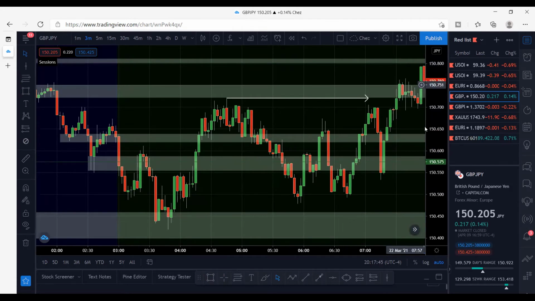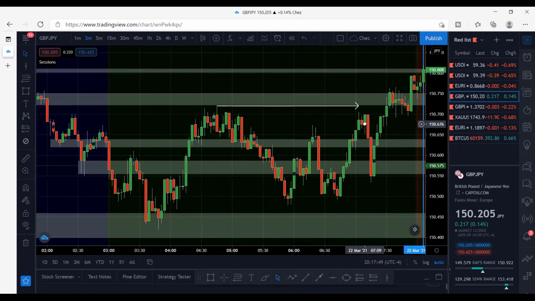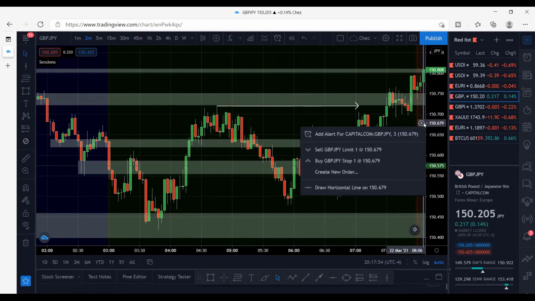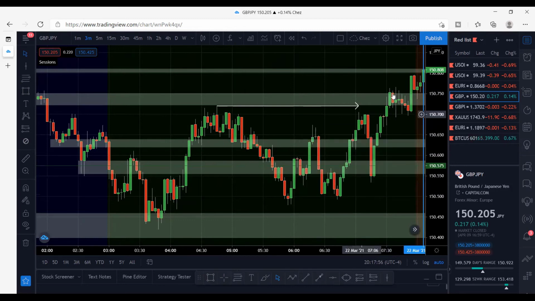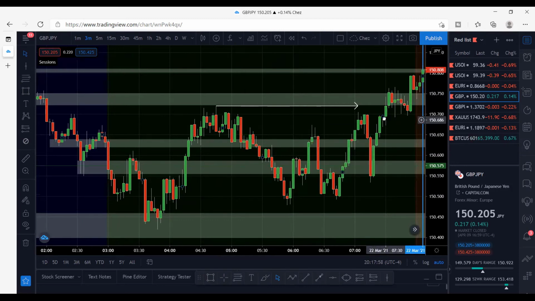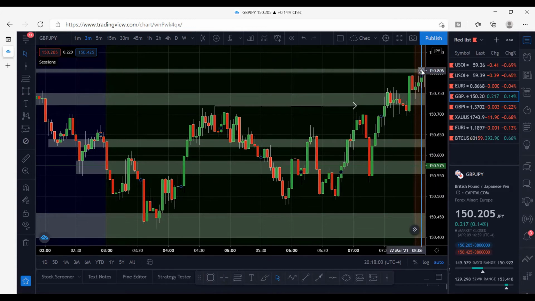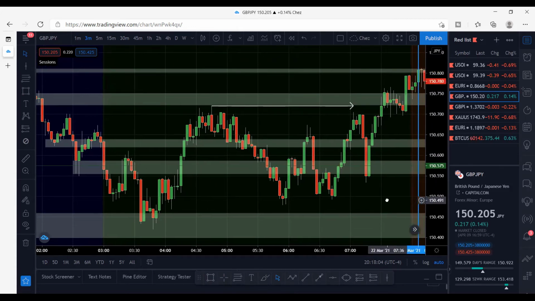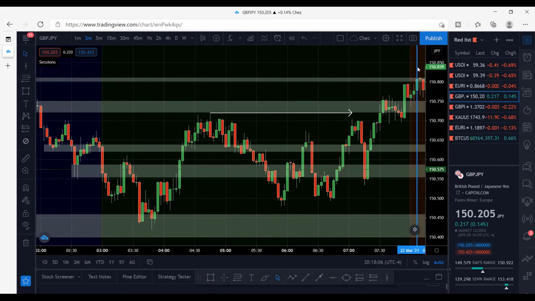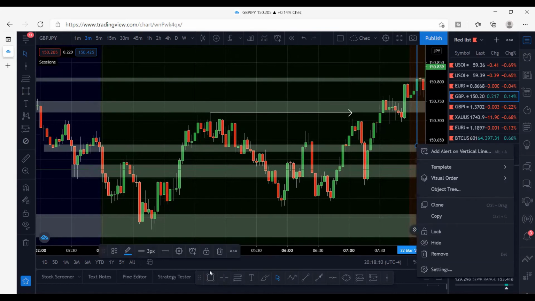So you're waiting for your pullback, as I said. Okay, we're going to wait and see what happens. So we have a break above this area right here. I'm trying to get rid of this line right here.